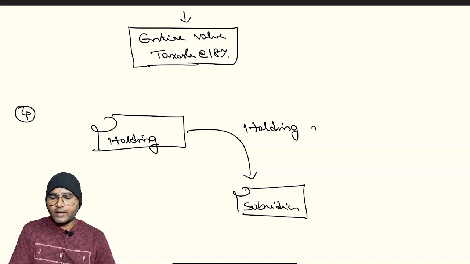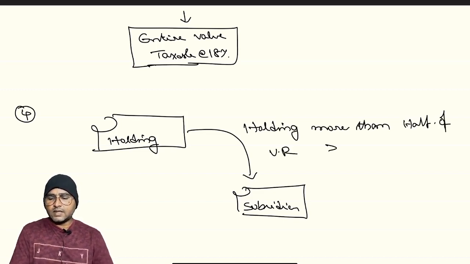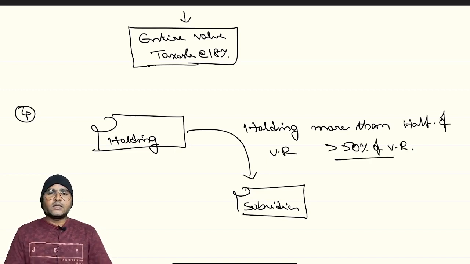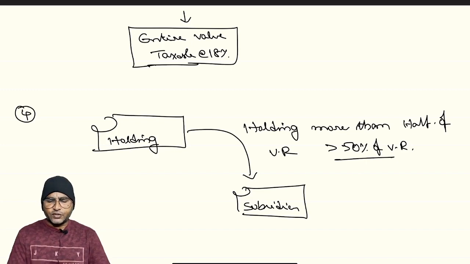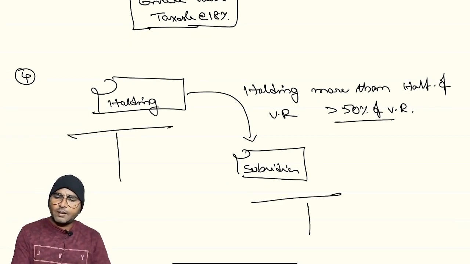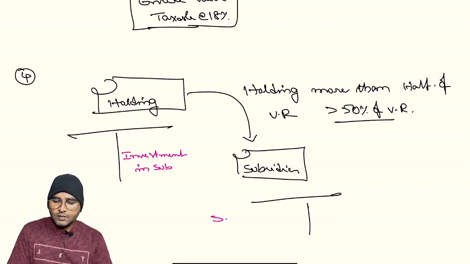When the holding company holds more than half of the voting rights, that is greater than 50% of voting rights, then we can identify the holding and subsidiary relationship in the holding company balance sheet and subsidiary company balance sheet. In the holding company balance sheet, we can identify it as an investment in subsidiary, and in the subsidiary company it will be represented as share capital, right?